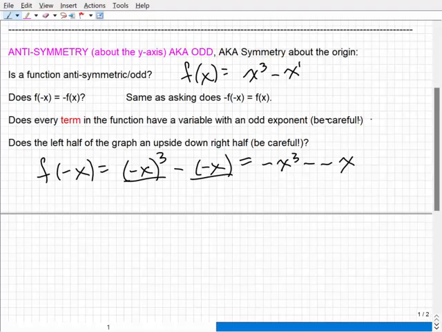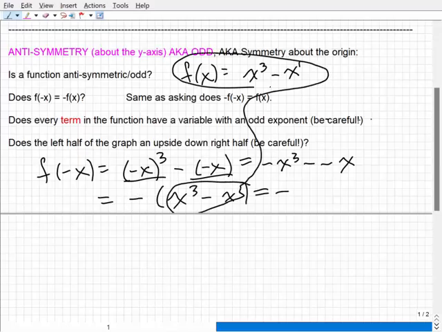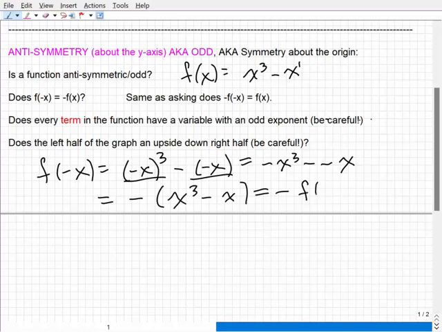There it is. That means I can factor out the minus. So here I got a minus, right? Minus x cubed minus minus x. Well, this is a minus sign in front of the original function.